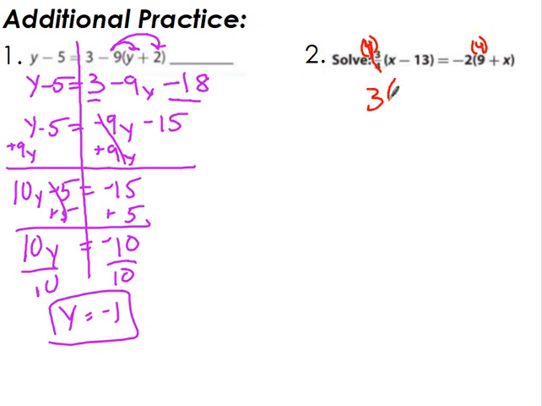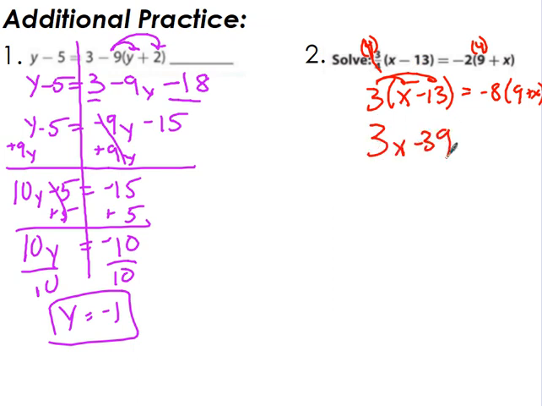I'm left with 3 times x minus 13 equals negative 8 times 9 plus x. By doing that, now when I do my distributive property, because I'm distributing a larger number, that's also multiplying everything on the inside by 4. So that's why we're not multiplying everything inside the parentheses, only the outside. But it does get rid of our fraction, which is kind of nice.